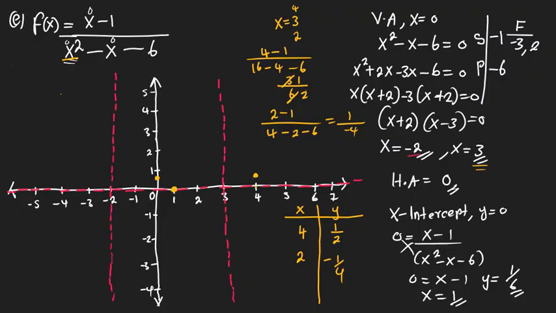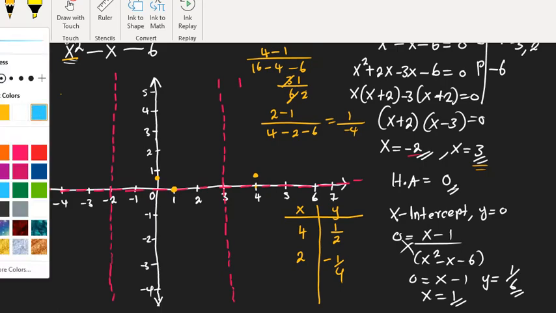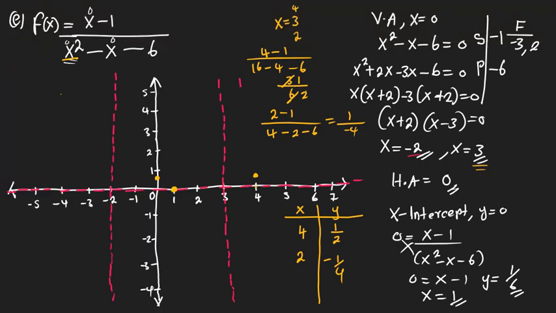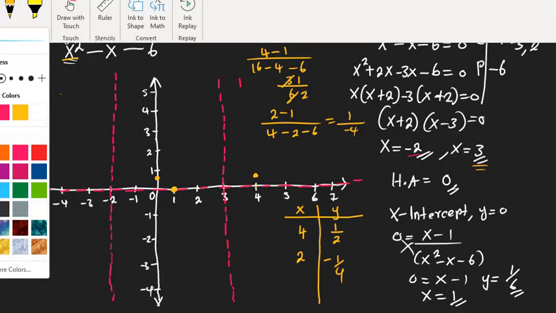When I'm close to this 3, I'm getting a graph which is coming out like this in that direction. Let me just consider all the values.